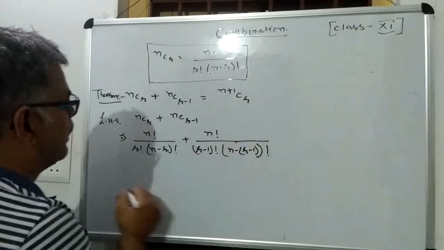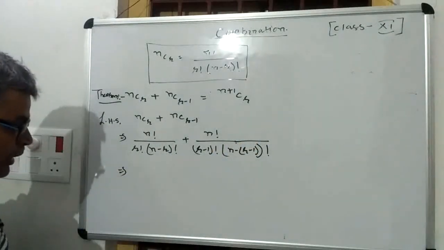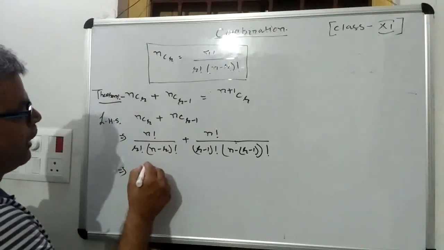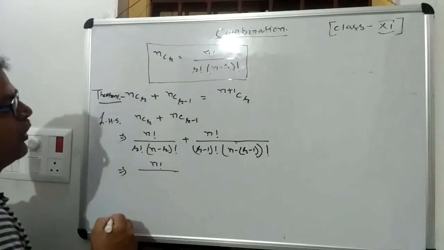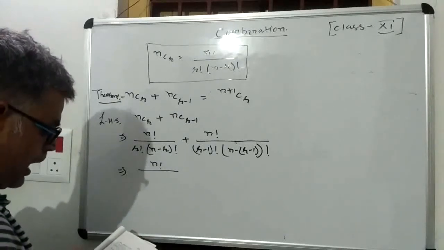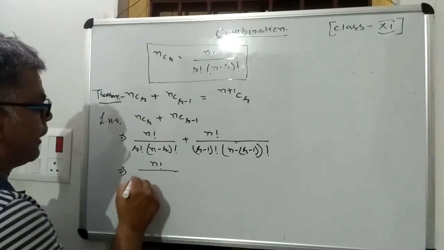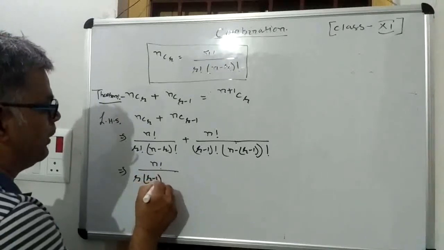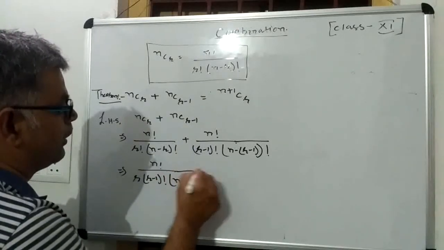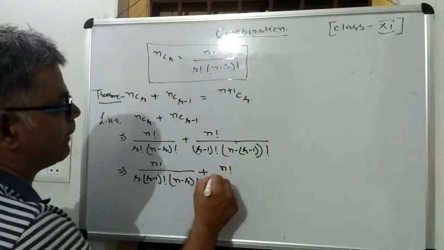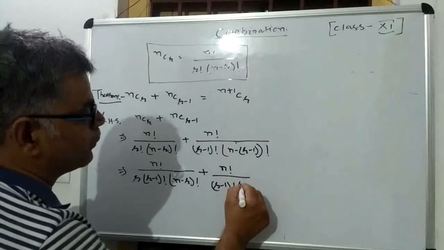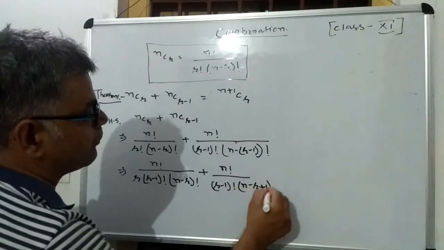Now, simplifying it, we have factorial n by factorial r, you can write it as factorial r into factorial r minus 1, into factorial n minus r, plus factorial n by factorial r minus 1, and this will be equal to factorial n minus r plus 1.